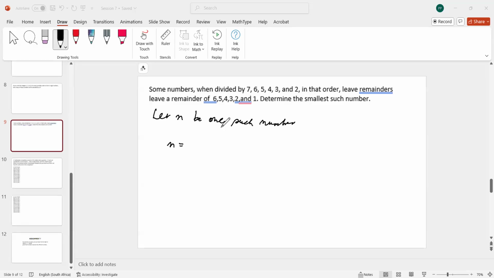When you divide it by 7, remember earlier on we said, you have a quotient and you have a remainder. So you can write the number as 7 times something plus a remainder. But the remainder here is 6. So n is equal to 7q plus 6. So n plus 1 is 7q plus 7, which is 7 times (q plus 1).